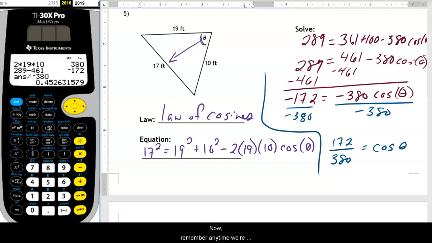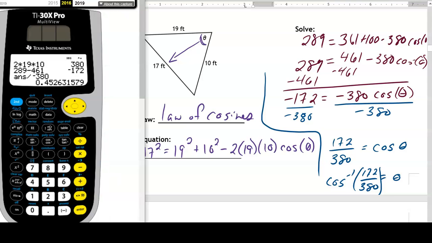Now remember, anytime we're trying to find an angle measure, we do the inverse. So I'm going to rewrite this as theta equals the cosine inverse of 172 over 380. And then type that into our calculator. So inverse cosine, 172 divided by 380.